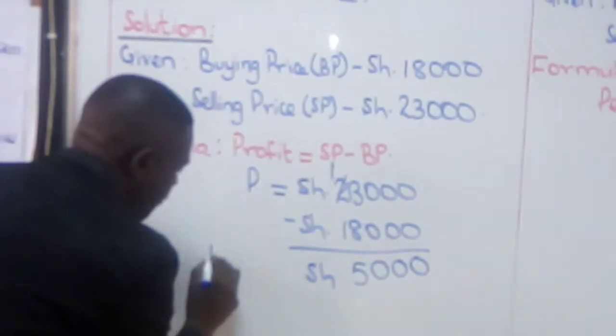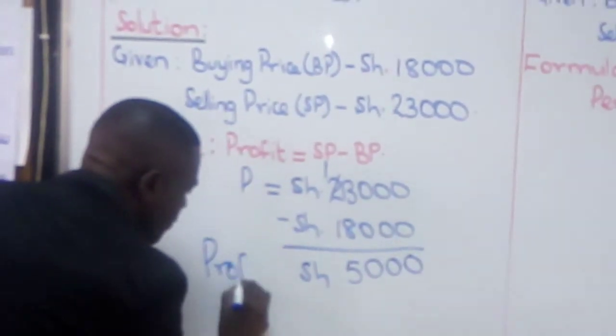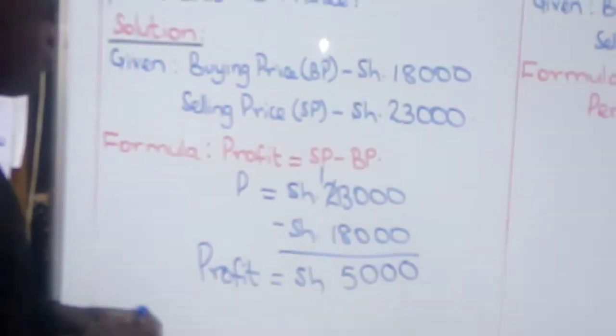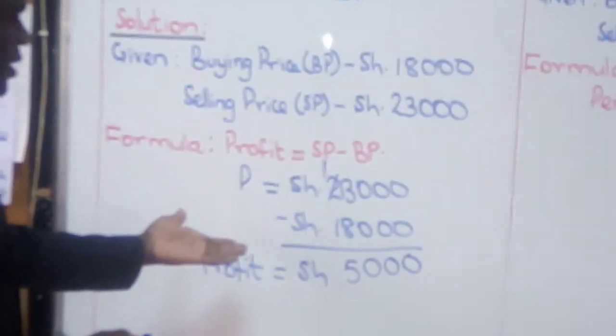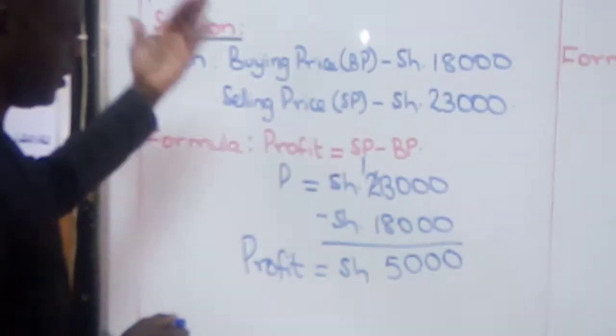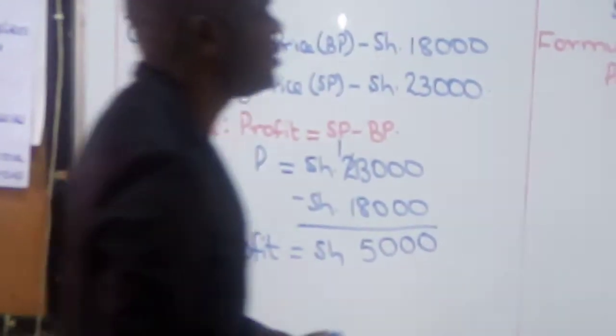And so the profit is 5,000 shillings. This person has got a profit of 5,000 shillings. I hope you understand.